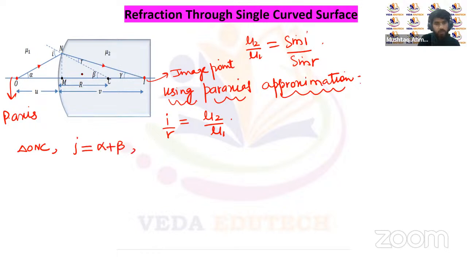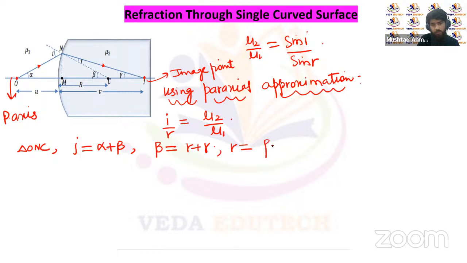And similarly in the triangle N, I, C, beta is the exterior angle. We can write beta equal to r plus gamma. So from here, r will be equal to beta minus gamma.